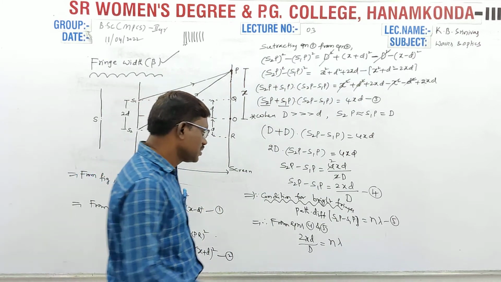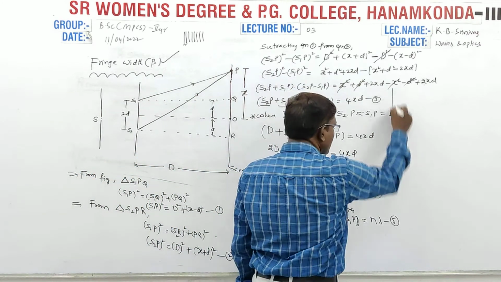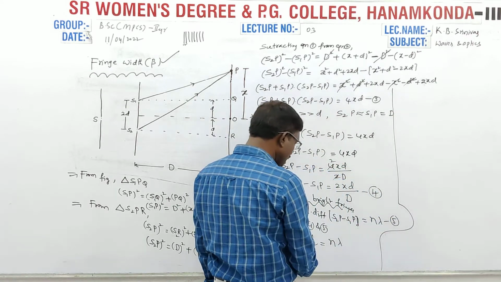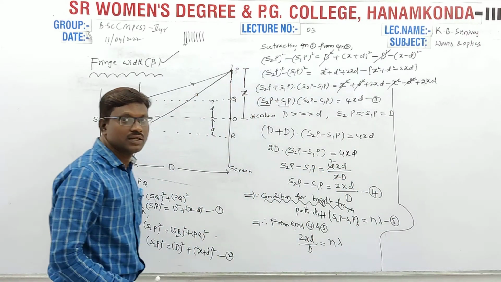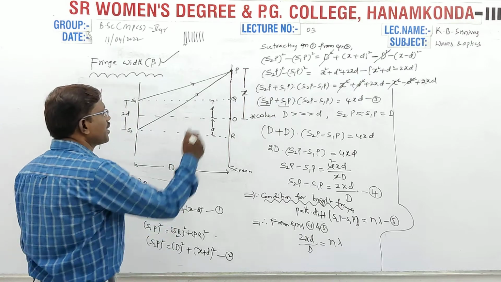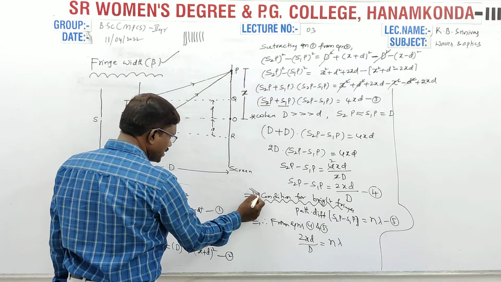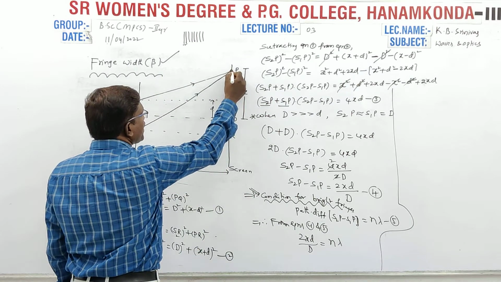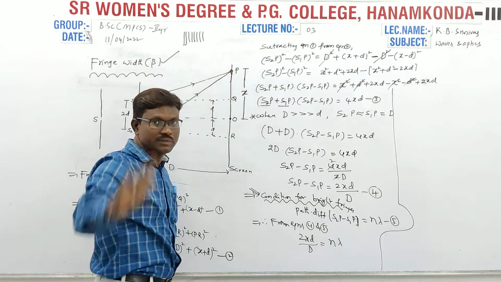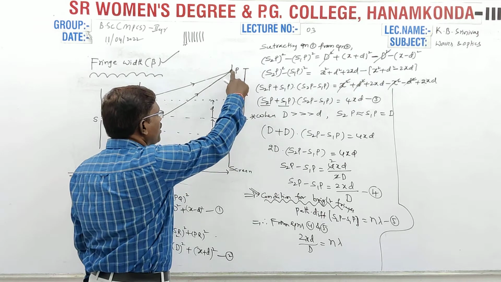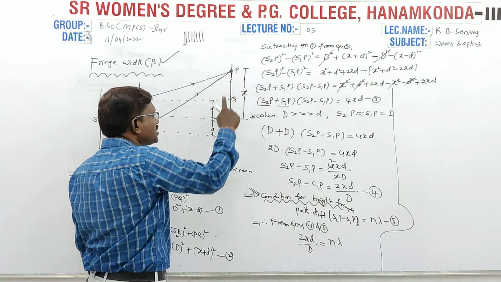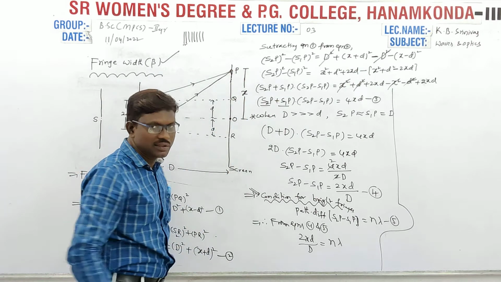Clear? Right. Then our next step will be x is equal to, I want to calculate x. What is x? That is the distance of the point P. Maybe it is a bright fringe. According to our case, the fringe formed at point P becomes a bright fringe. So the distance of this bright fringe from the center of the screen is what I want to calculate.